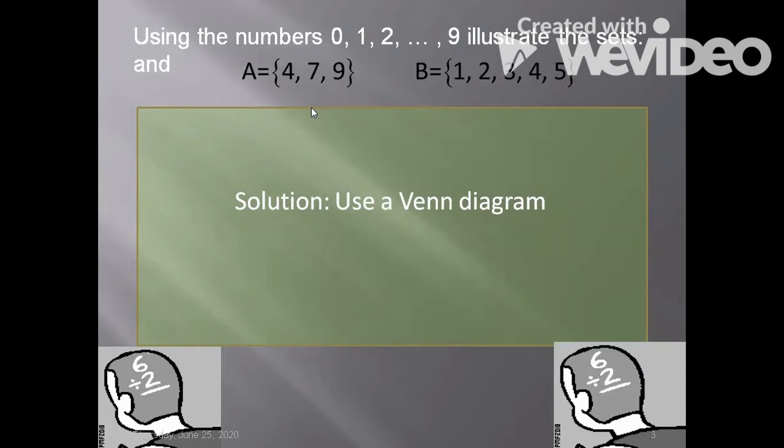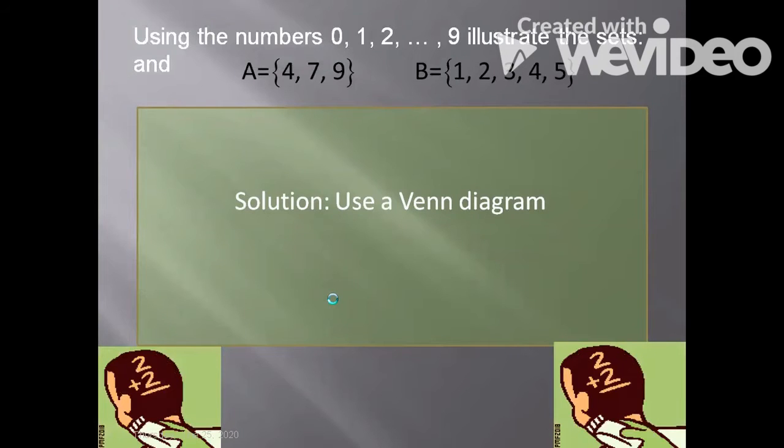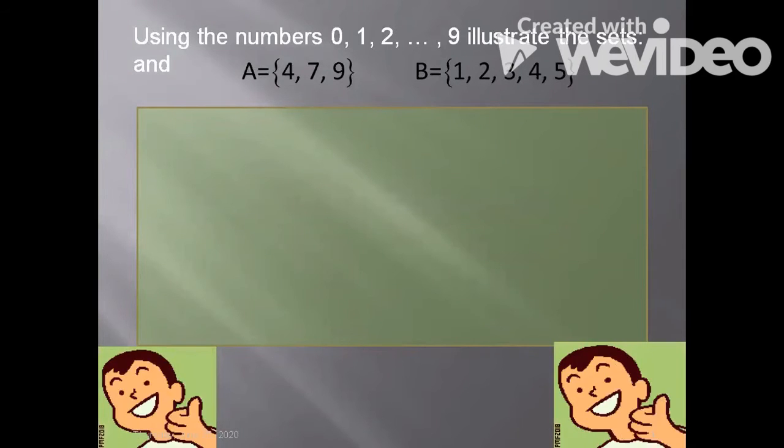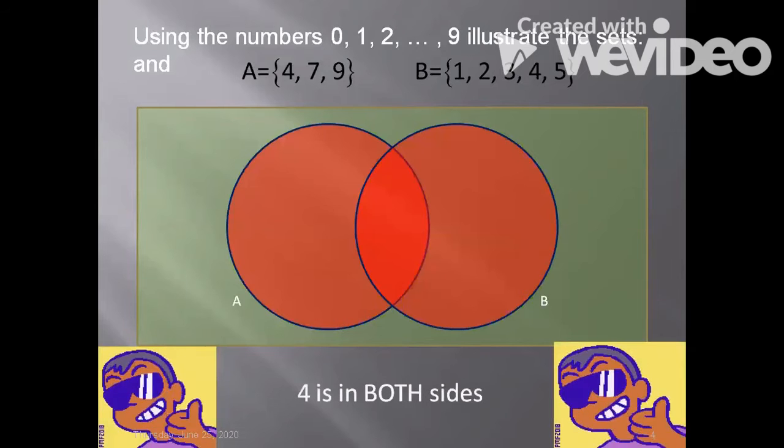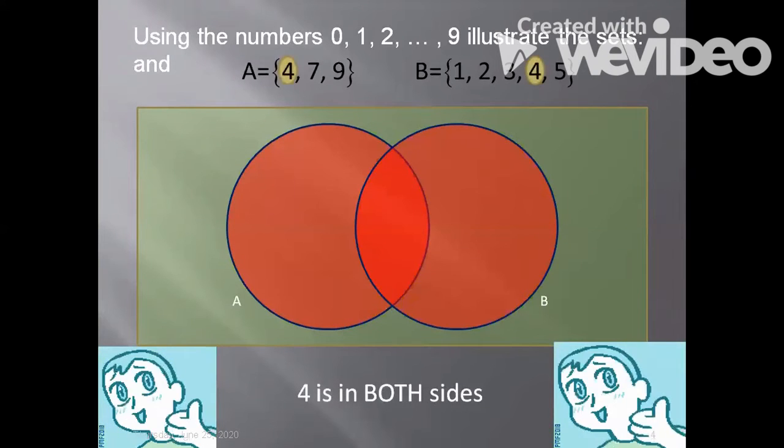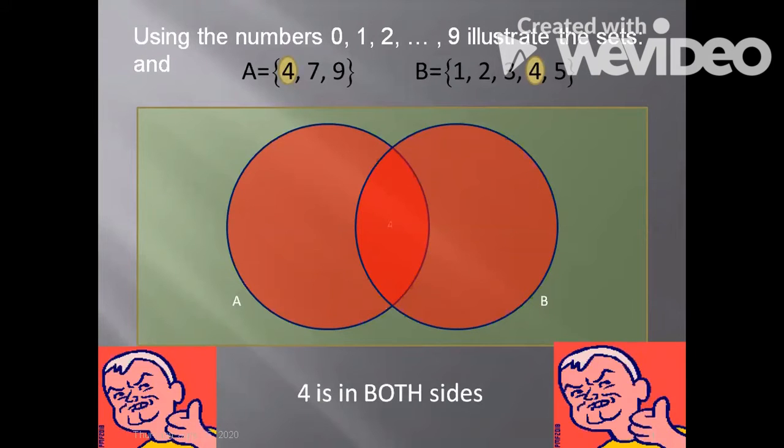As you can see, between sets A and B, 4 is common. By the way, the rectangle represents the Venn diagram and circles represent the sets. So we're going to have our two circles, and inside the two circles we're going to have 4.